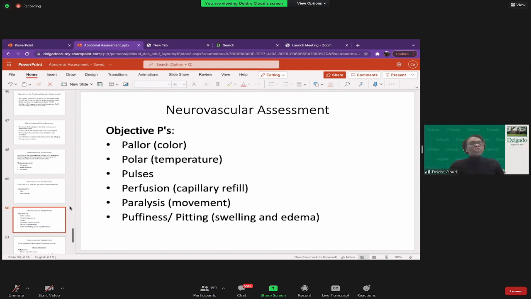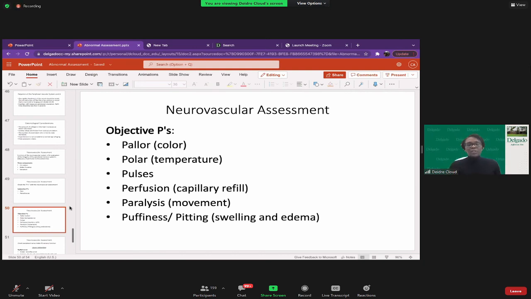So if I was assessing a dorsalis pedis pulse and I didn't feel it, and the patient doesn't have any other symptoms, they have good perfusion, good color, they're able to move their feet, I would get somebody else to feel it, because they have to have a reason to pretty much not have a pulse down there. Maybe it's just you. If everything else is normal, they should have a pulse.